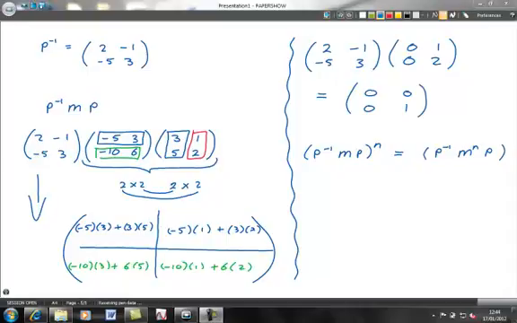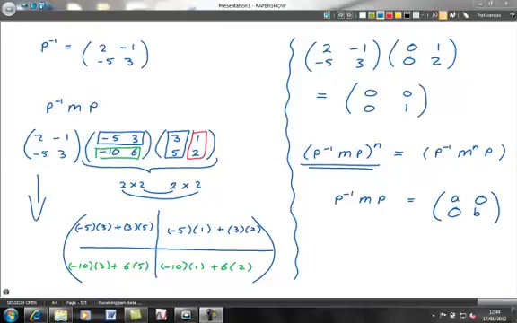What this is actually saying is there's a property of matrices: if you have a diagonal matrix, and you have the matrix P inverse MP equal to a matrix, we'll say just a 2 by 2 matrix just to make things nice and handy.